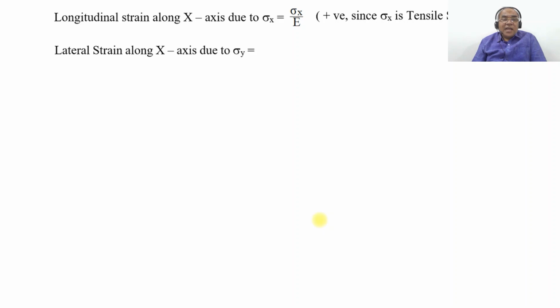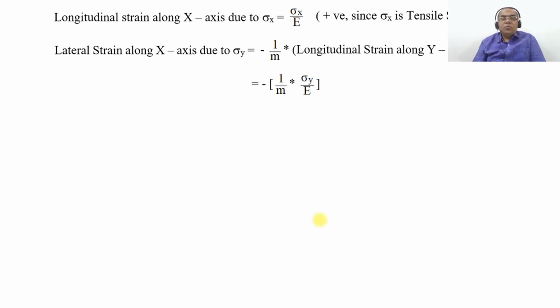When we take the lateral strain along the x axis due to sigma y, naturally the lateral strain, that is the width and thickness, is going to be reduced. So obviously it should be negative: minus 1 by m into the longitudinal strain along the y direction due to sigma y.